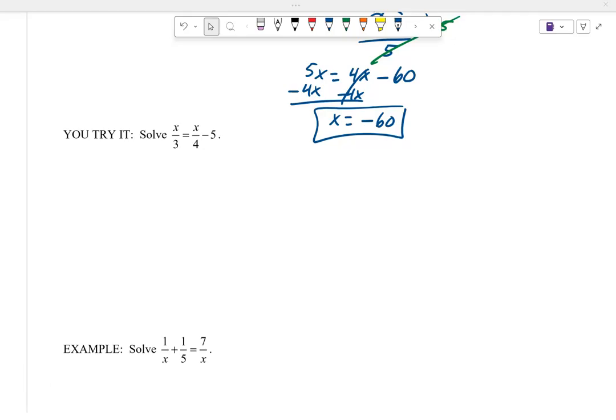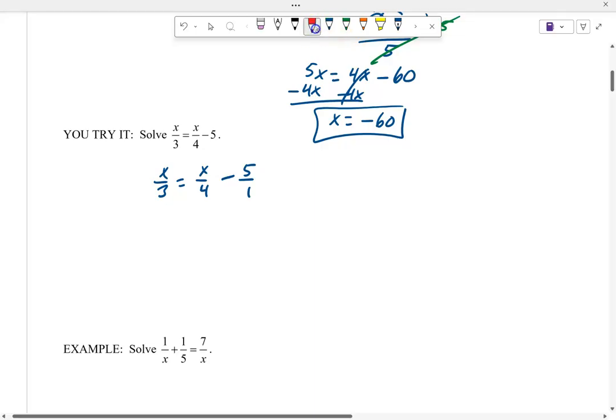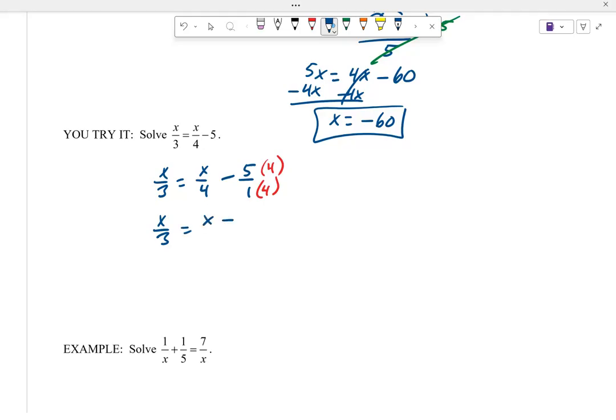Next one's a good you-try problem. If you want to get a common denominator, pause the video. Great. Get that common denominator of 4 here. Now we've got one fraction equaling one fraction.